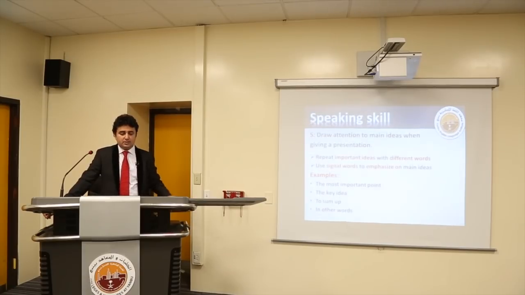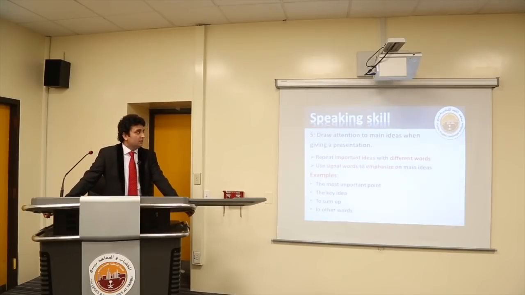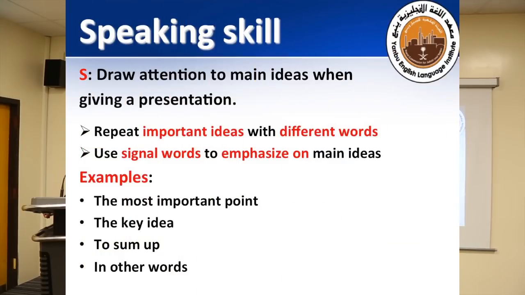The second learning objective I'm going to talk about is speaking. In speaking, the learning objective is to draw attention to main ideas when giving a presentation. When you give a presentation, you want to help your listeners understand the main ideas. Now the question is, how can you do that? The first thing you can do is repeat important words and important ideas with different words.